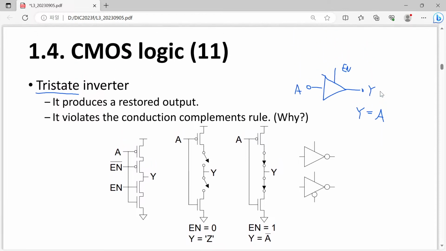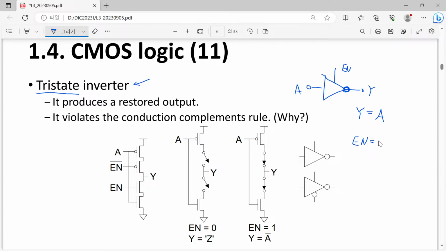However, when we have a tri-state inverter as shown here, then we have a bubble here. So when enable equal to 1, what we want is y equal to bar of a, so not or inverse of a. Are you with me?